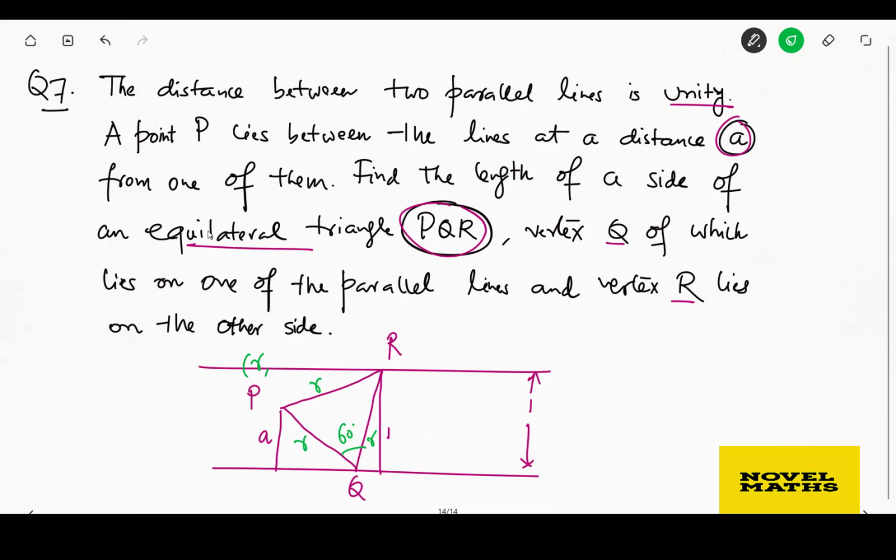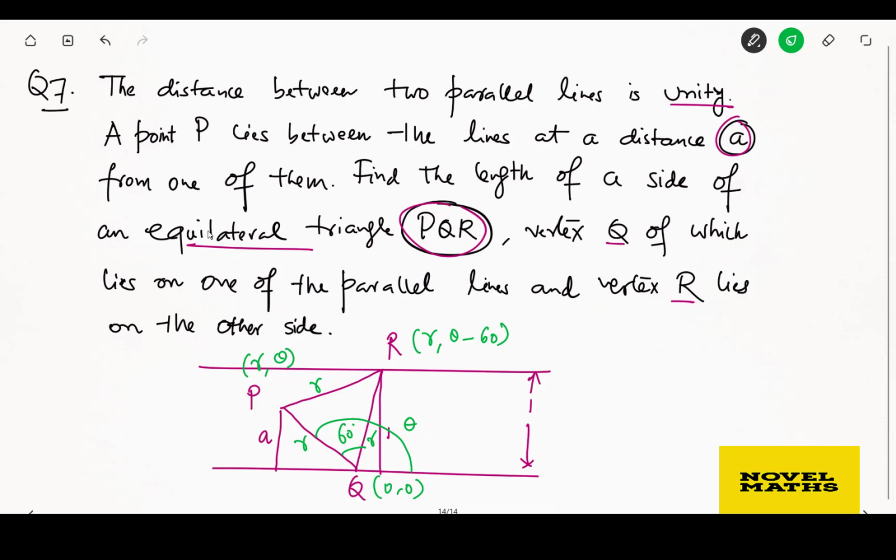That will be (r, theta), and the polar coordinate of R will be (r, theta minus 60). Q is obviously the origin.